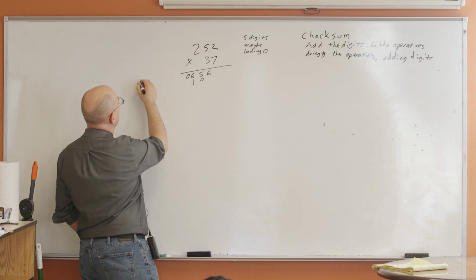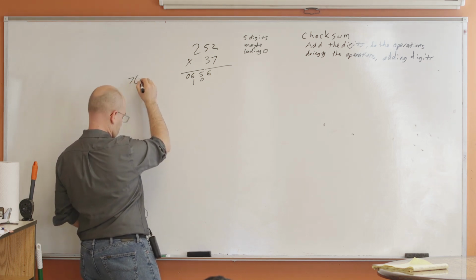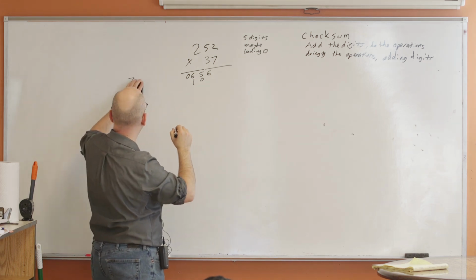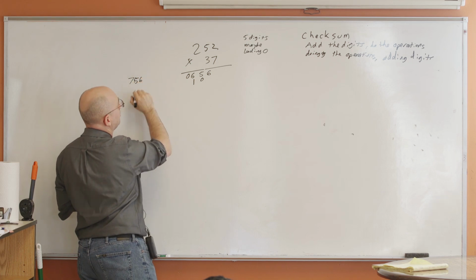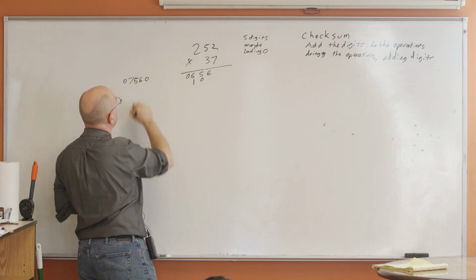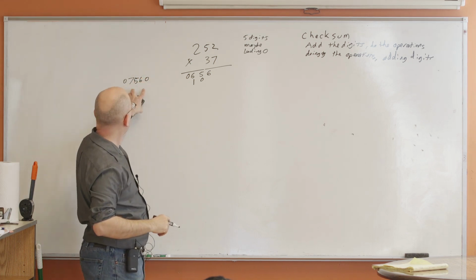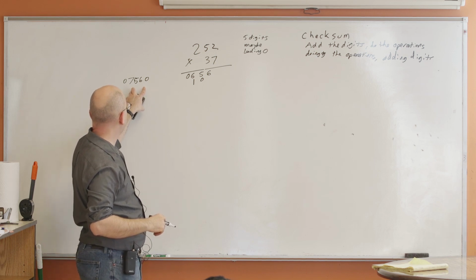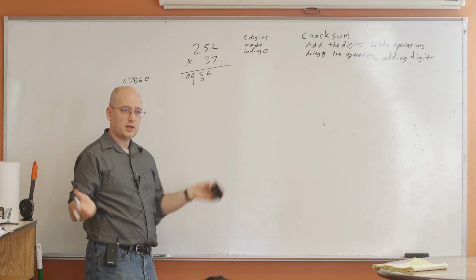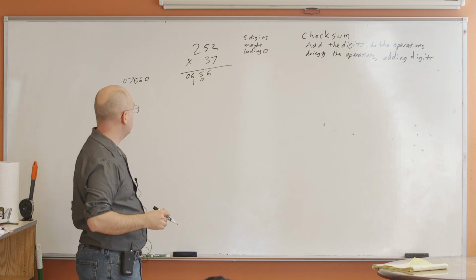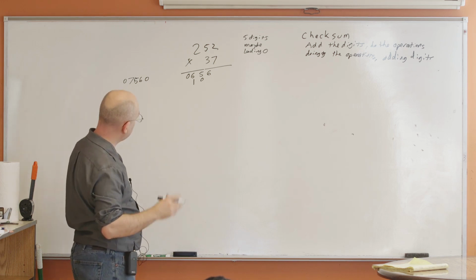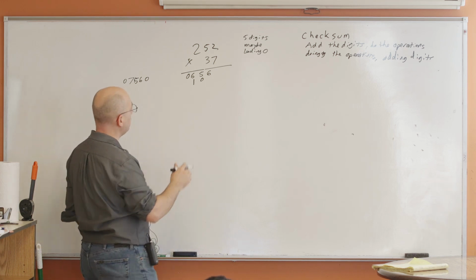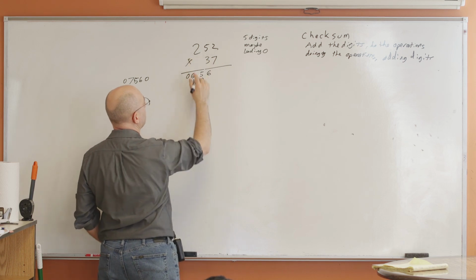So basically 7, 5, and 6. So roughly speaking, at this point, I could say it's 7,560, kind of a ballpark estimate there. So maybe around 8,000, because I'm going to add some more. Who knows? All right, now we do 7 times 2.